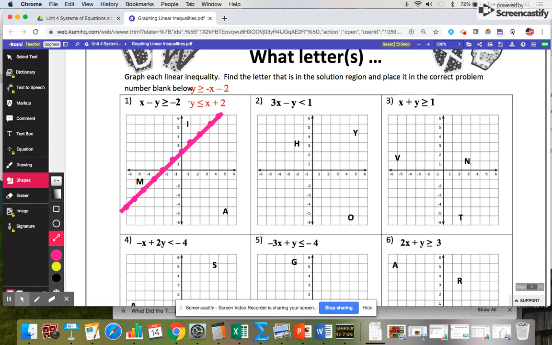Looking back at my inequality, I want less than or equal to the boundary line. So when you look at your y-intercept of 2, I want to go below this line, right? Less than or equal to means below. So this is when I'm going to go back to my line. I'm going to change my thickness now to 12.